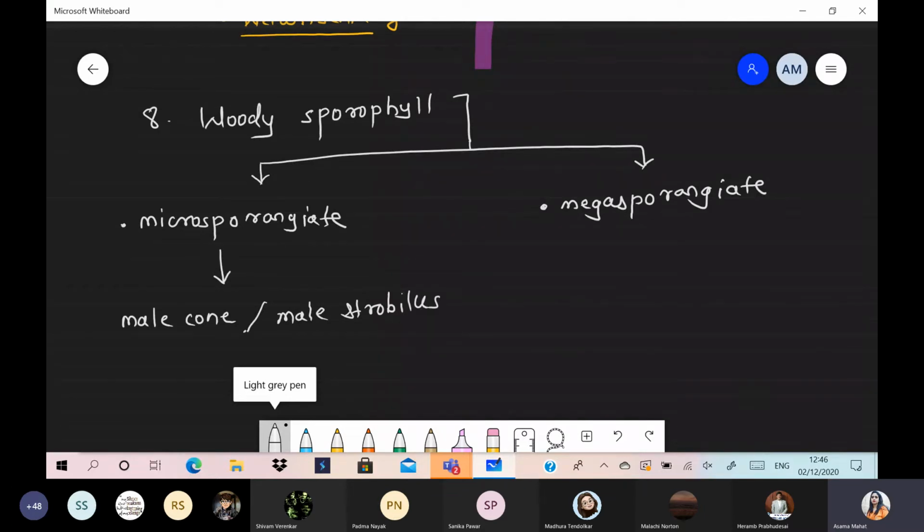Strobilus is present in a few pteridophyta, as well as in the gymnosperm.